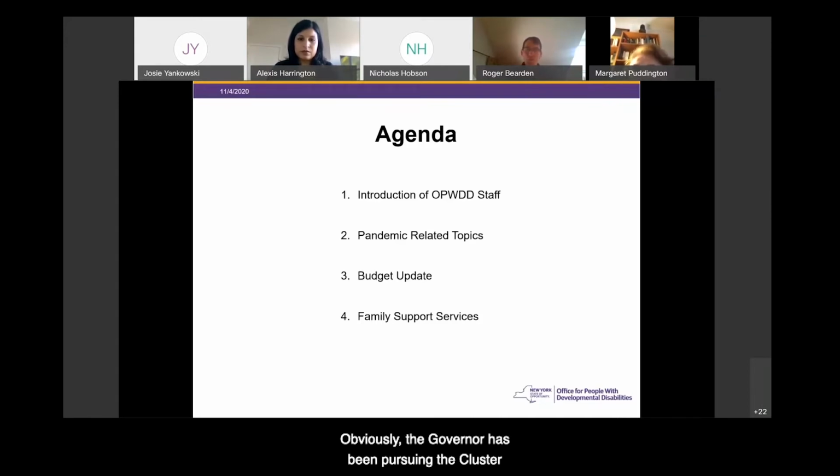Obviously the governor has been pursuing the cluster action initiative, identification of hotspots as indicated by the data reflecting COVID-19 infections, in particular clusters and microclusters.